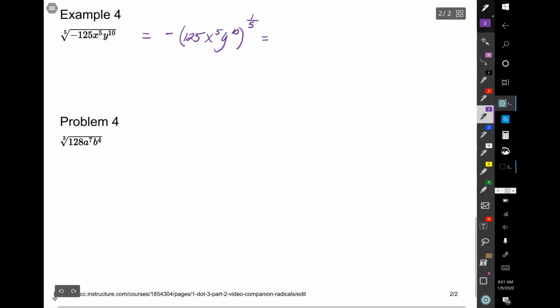And then we would have 125 to the 1/5. And x to the 5th to the 1/5, which will give us 5/5. And y to the 10th to the 1/5, which gives us 10/5. Now you can just calculate those in your head.